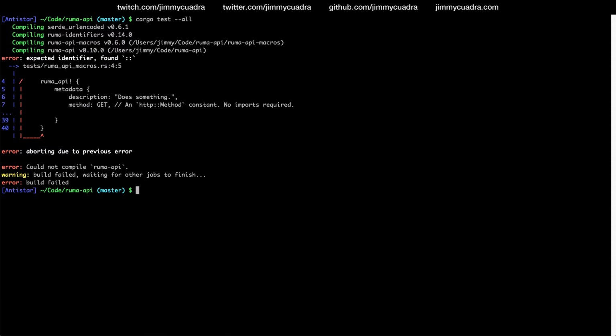Test ruma_api: expected identifier, found ::. Oh, wonderful. And now we come to the fun part of debugging a procedural macro, because there's no span information there. So I don't know where in the expanded code this actually is coming from.